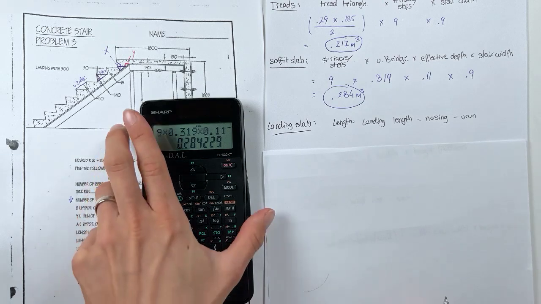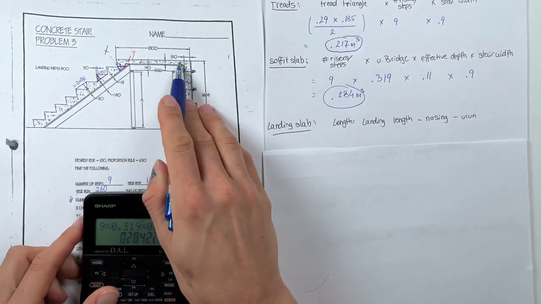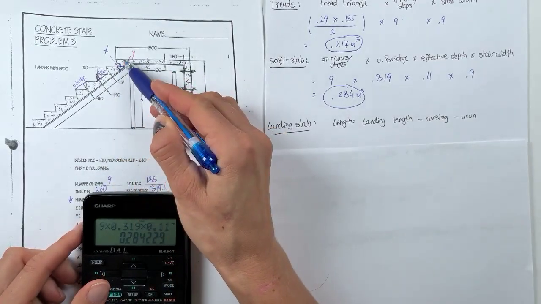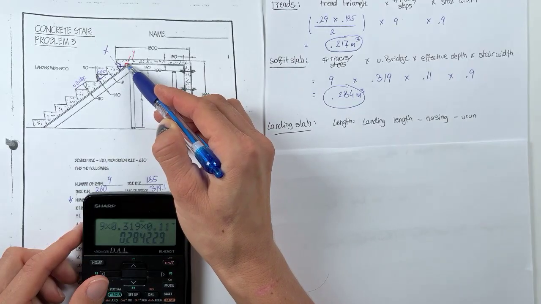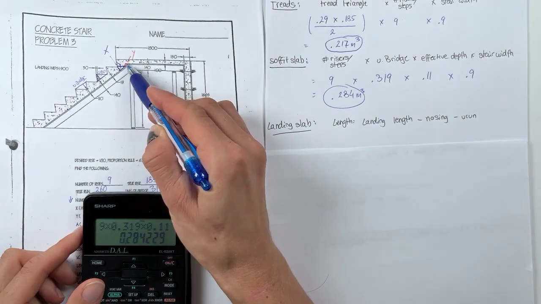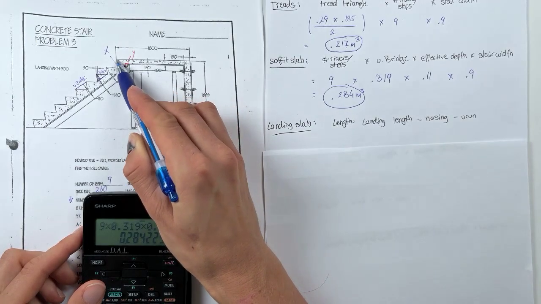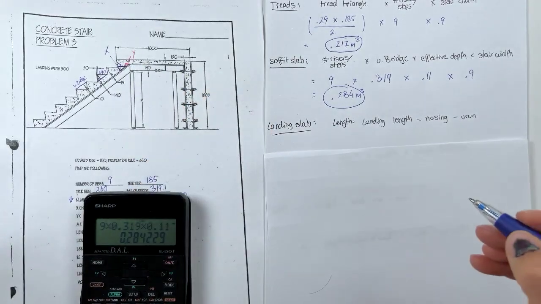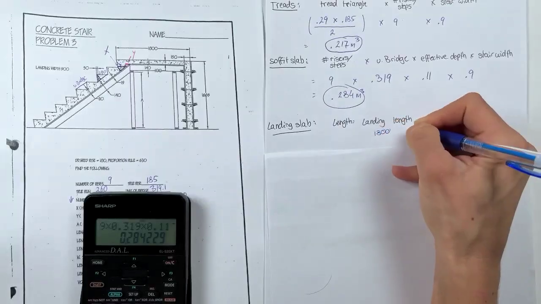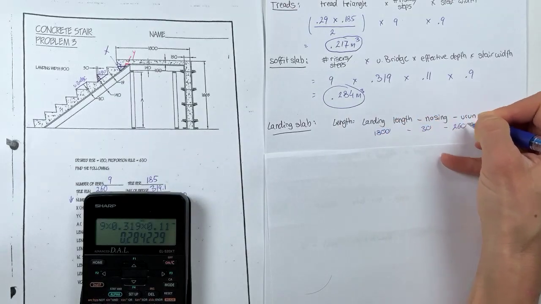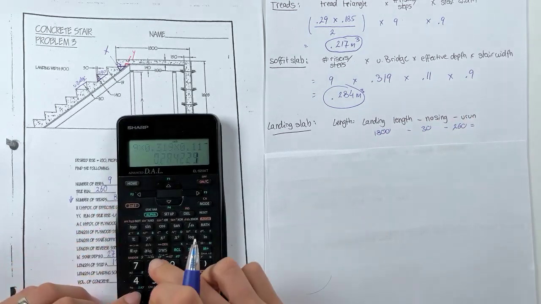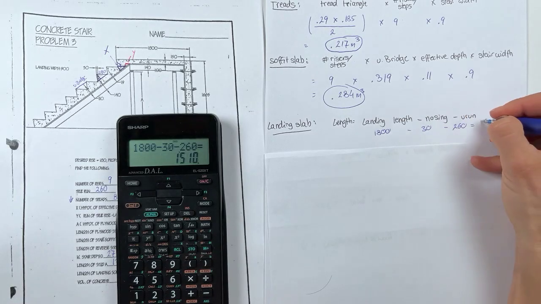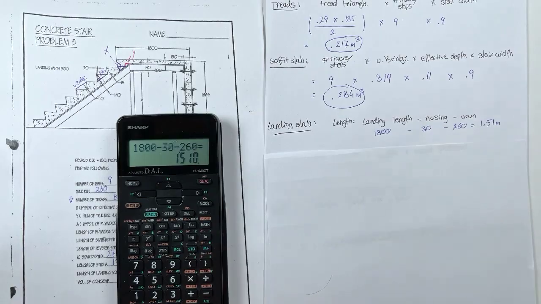Next, landing slab. So that's the slab up here. For that one, we need to figure out the length first, because we've already included the triangle and part of the slab over here. So we basically want to take off our nosing and 1 unit run to get us to back here, so we can just calculate the slab. So landing length is 1800 minus our nosing minus our unit run. That gets us 1510 or 1.51 meters.